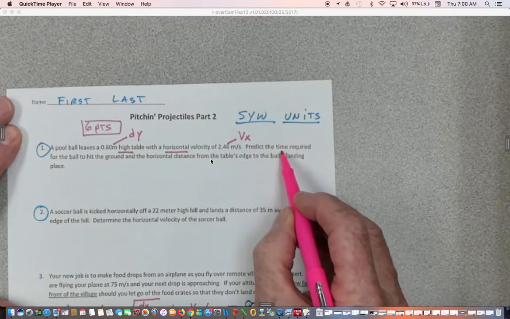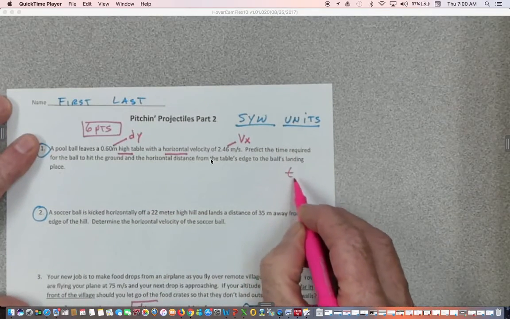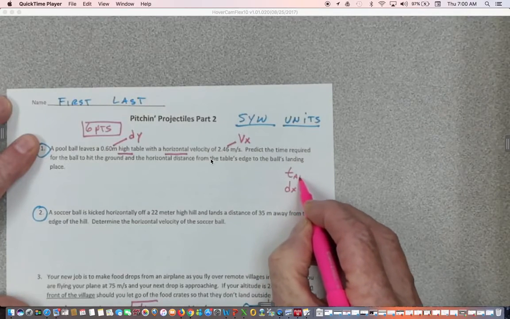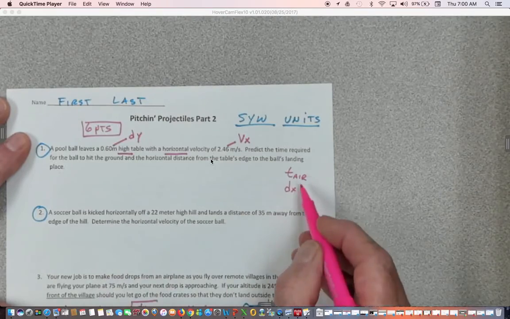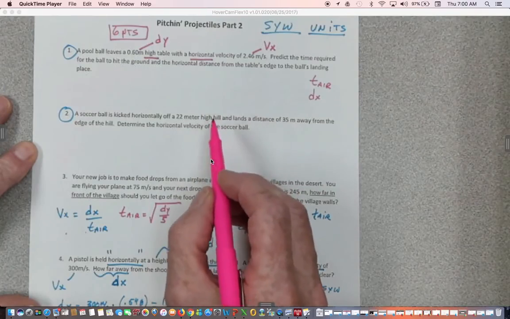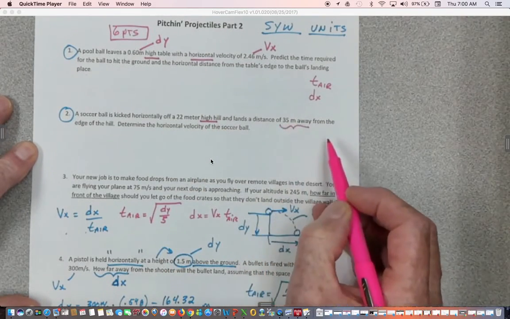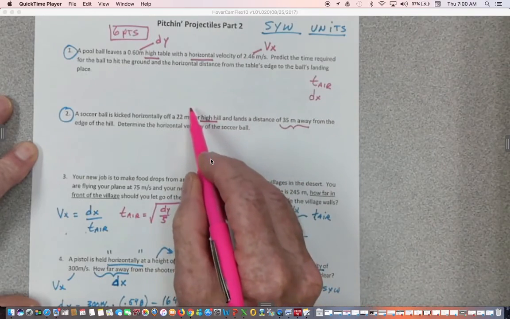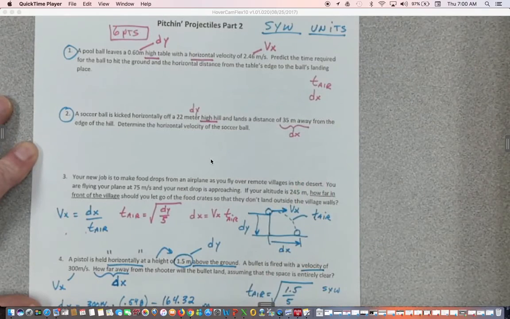It says predicted time, so they want time and horizontal distance. So they want time and delta x, time in the air. They want both for this problem. So if you go through carefully and identify what you have, you'll be able to find the things you need with just these three formulas. Again, this one says high. This sends 35 meters away. If this is my delta y, then this has to be my delta x.